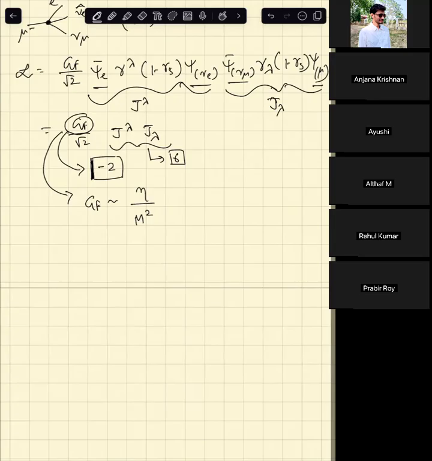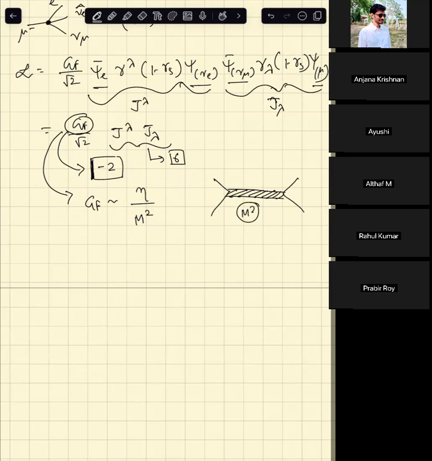This is where one can think that it may happen that the two currents are connected. These two currents may possibly be connected by a propagator, and this propagator is of some field whose mass is m. And if it is so, then what would happen?